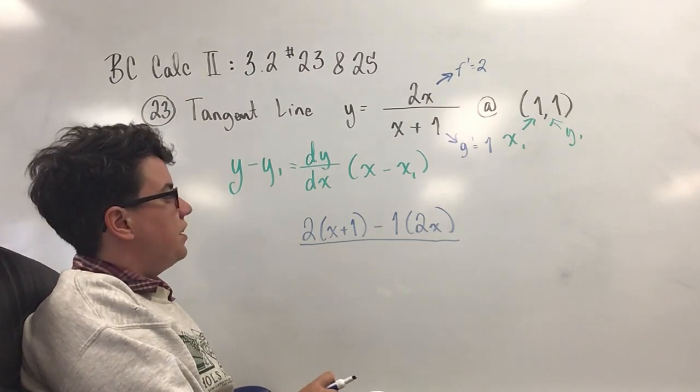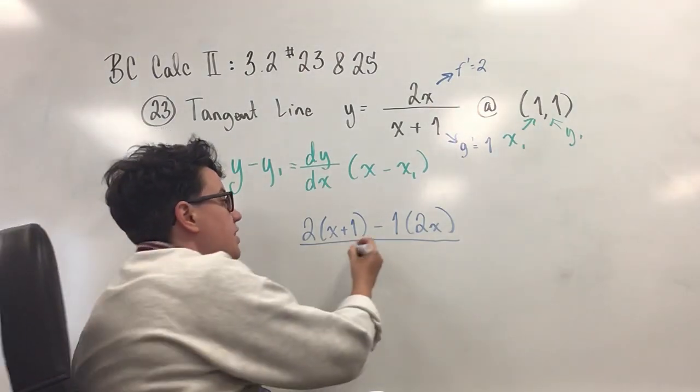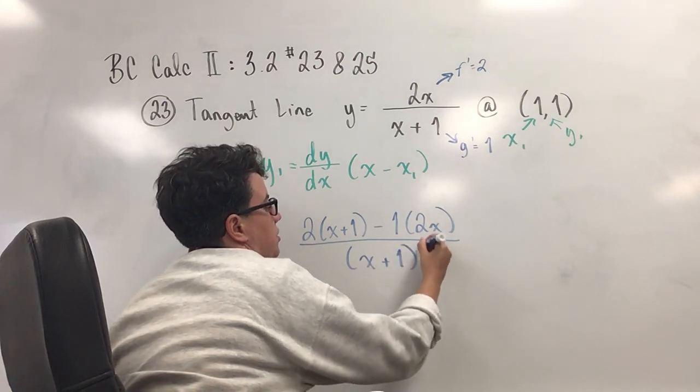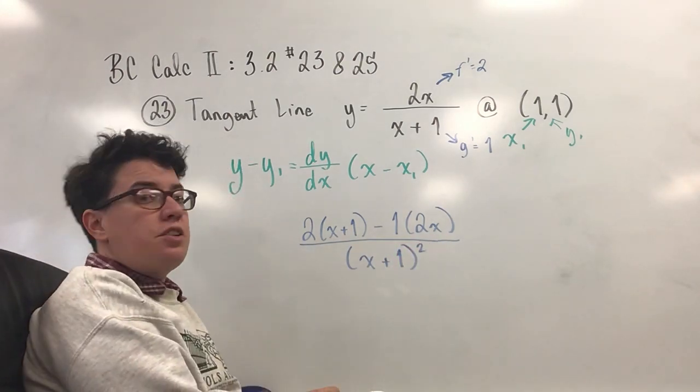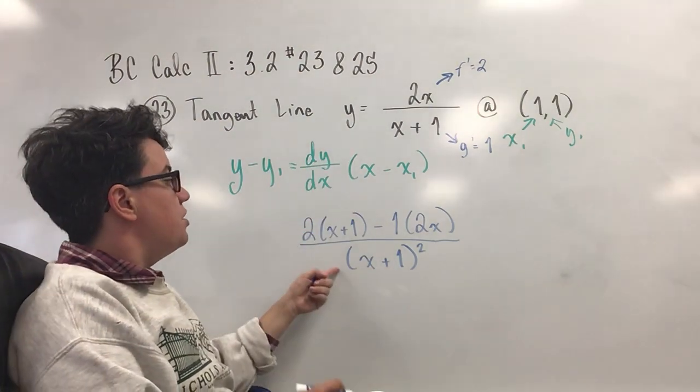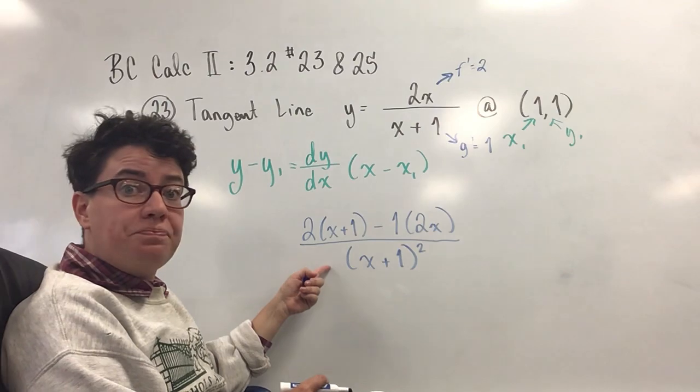So hopefully that felt okay. And then over g squared, so x plus 1 squared. So this is our derivative of y, so our dy dx, using the quotient rule.